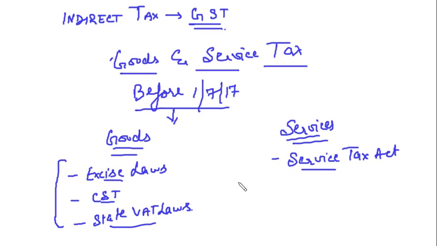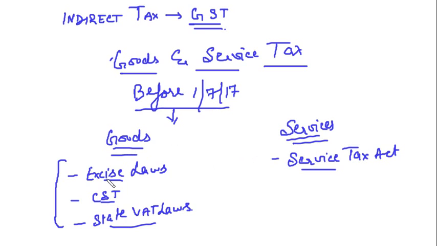The validity will be nullified. They will not be valid in India, right? So the government decided, they introduced the goods and service tax from 1st of July 2017, replacing multiple taxes with the one tax, right? See, there were multiple taxes before 1st of July because the goods were treated under separate acts and the services were treated under a separate act.